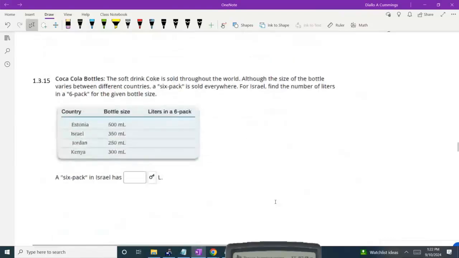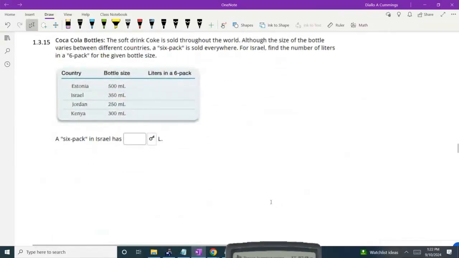All right. And this is the very last problem for 1.3. So it says Coca-Cola bottlers application. The soft drink Coke is sold throughout the world, although the size of the bottle varies between different countries. I don't know how true that is or not, but I guess it is true. A six-pack is sold everywhere.